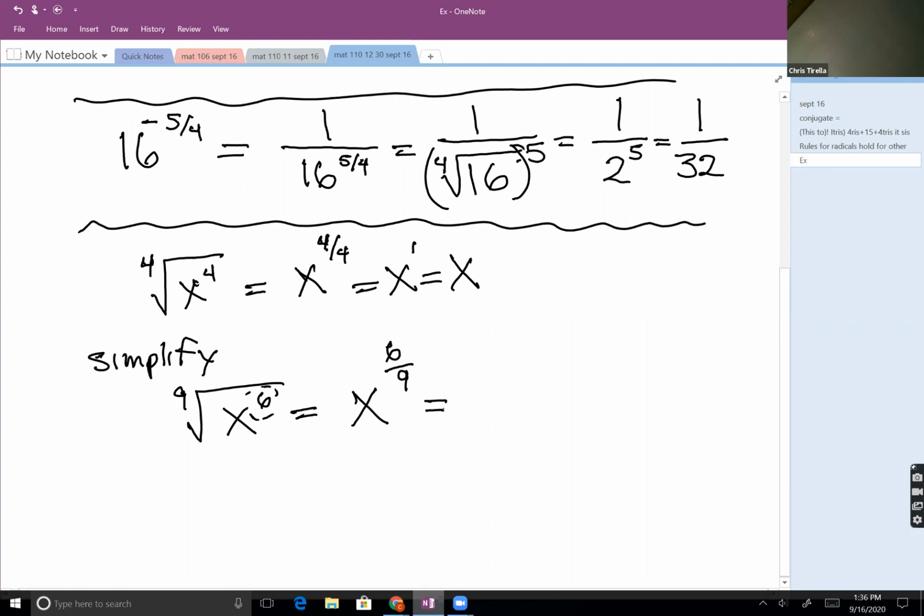Can anybody reduce the fraction 6/9? 2/3. So that's x to the 2/3. And so we can rewrite that as, that's the index, the cube root of x squared. Interesting?